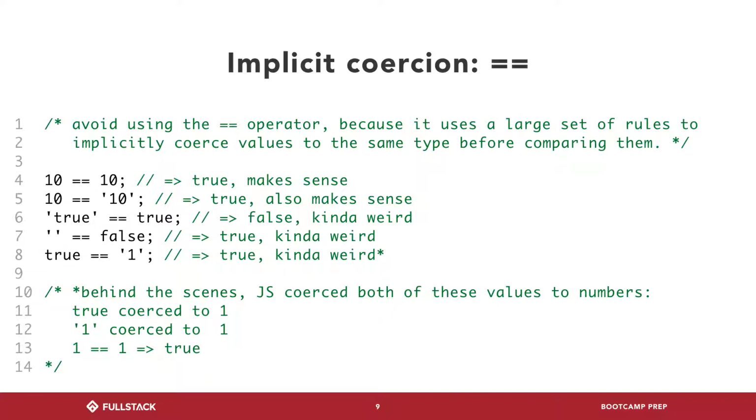So it is for this reason, and we probably shouldn't have started off with this, especially when you're starting off, you should almost never use the double equal sign. Everything should always be a triple equal sign. And if you ever have a situation where you want to check, hey, if I convert this to a number and this to a string, are these two still equal, you do it via explicit coercion.